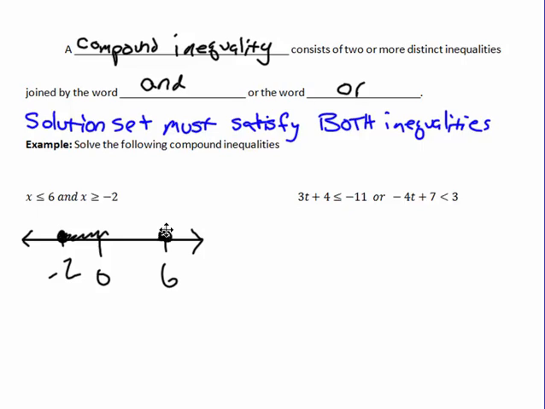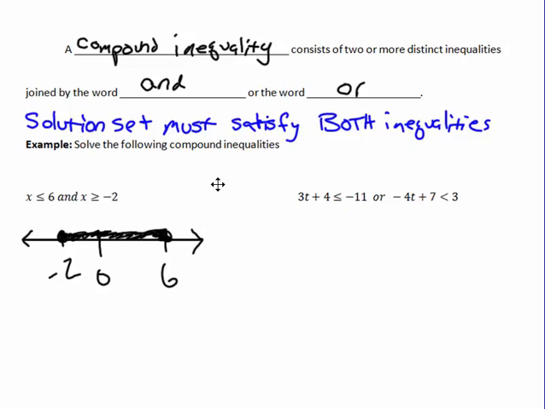So that's the numbers in between. So whenever we're solving these compound inequalities, the and compound inequalities would be one set of numbers between two numbers.